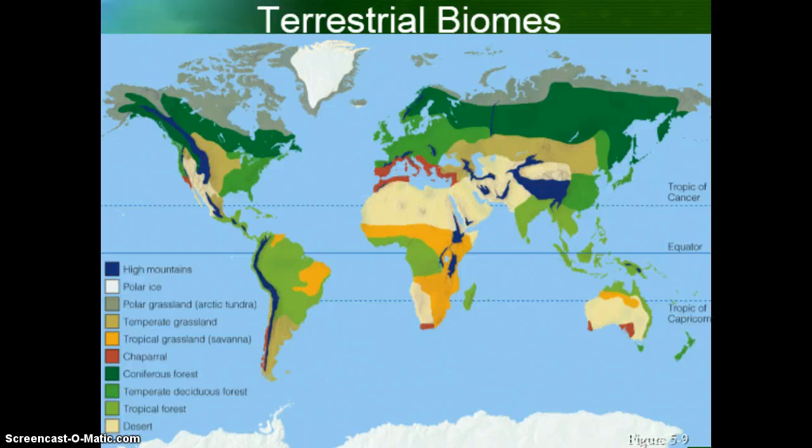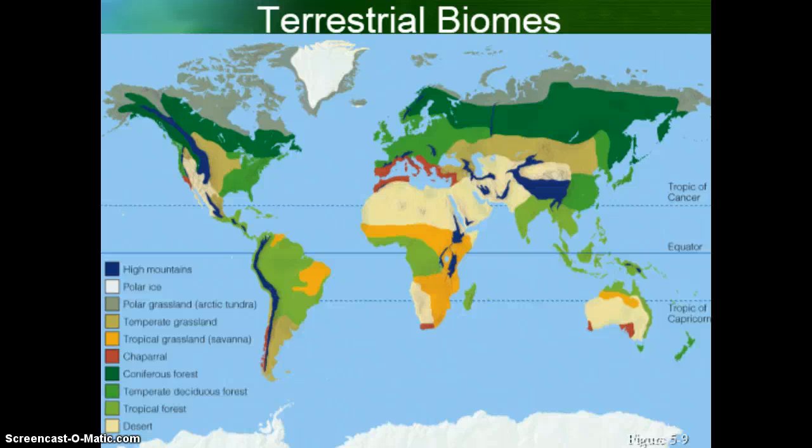So here are your major terrestrial biomes, and we'll start to look at these more in class. But the differences here are usually coming from differences in climate, and that's why we talked about abiotic factors first, because it's all those things that we talked about last unit that are going to impact where you find these different biomes.